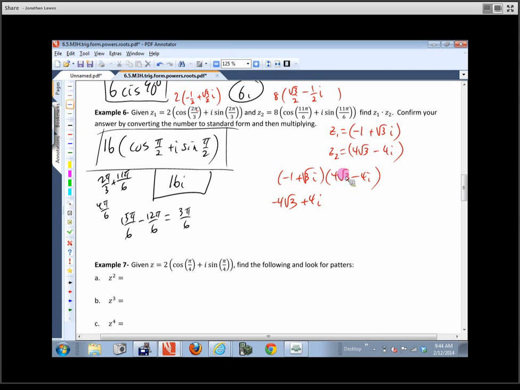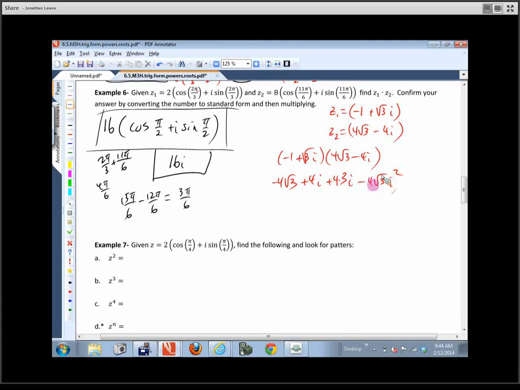Multiplying these together, I'm going to get a 4, and a radical 3 times a radical 3 is a 3, and then an i, right? And then if I multiply these together, I get minus 4 radical 3 i squared, right?